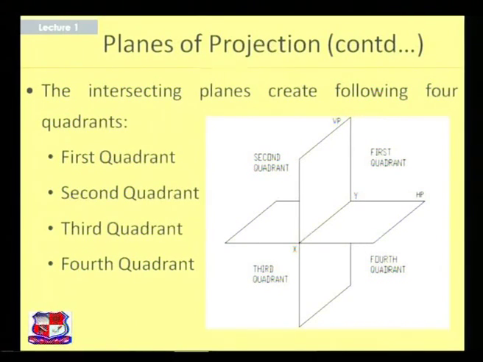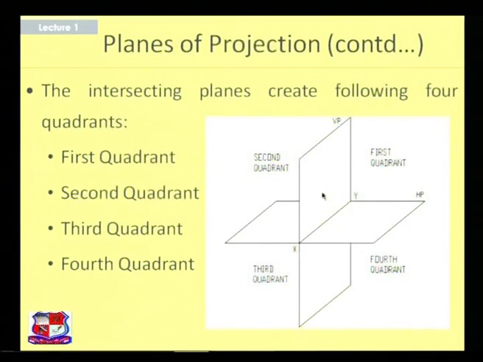Now the different views or the planes of projection will be different as per the considerations of the different quadrants. For example, when any object is kept in this quadrant, then the plane of projection is different, meaning the image to be projected on the particular plane is different, in the second quadrant also different, third, and same for the fourth.